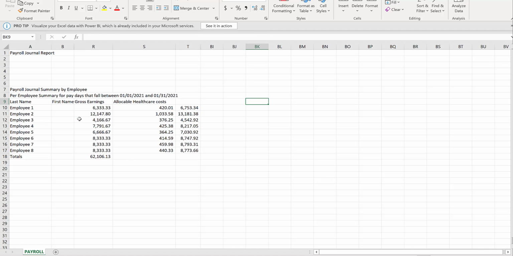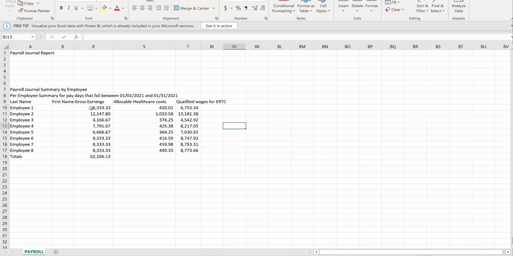And we are able to take the gross earnings, our qualified wages, and then we're also able to take the employer portion of the healthcare costs that we've paid for these employees. And so that's what we're going to be looking at as the total wages that we can claim under ERTC for the quarter. Okay, these are the qualified wages for ERTC.